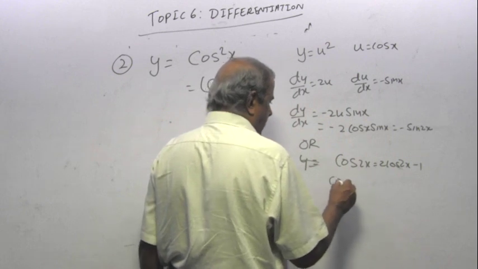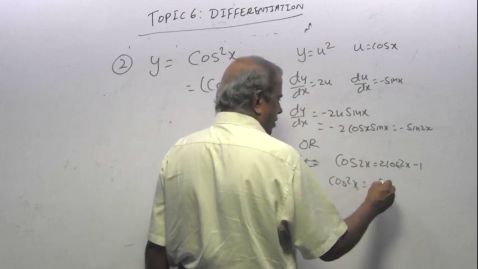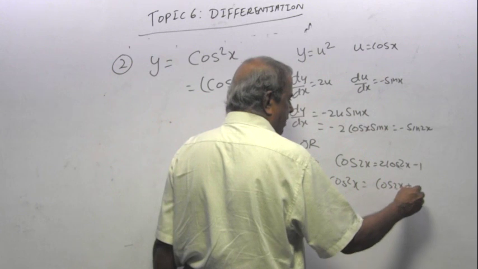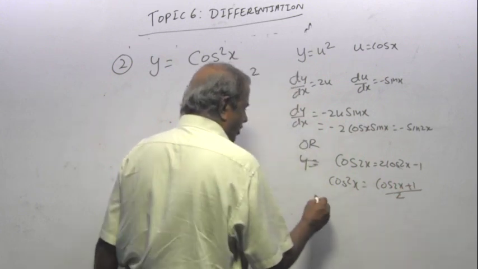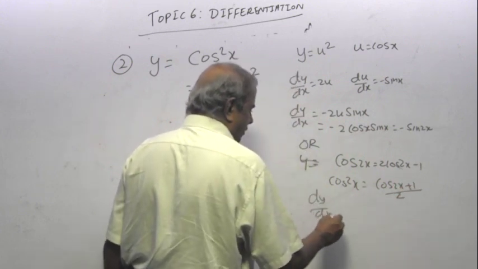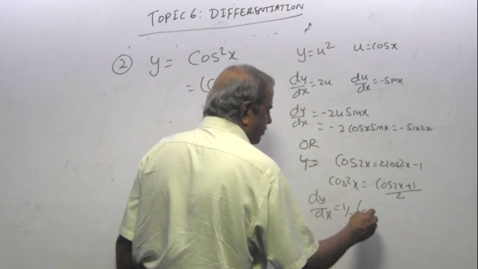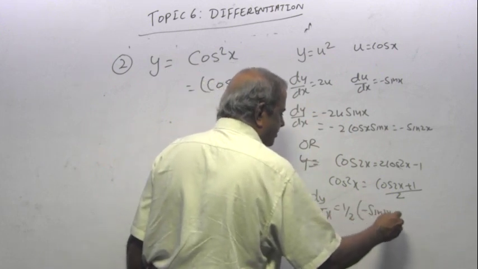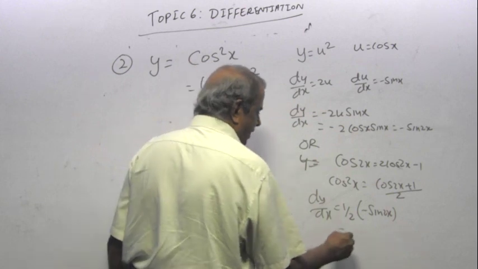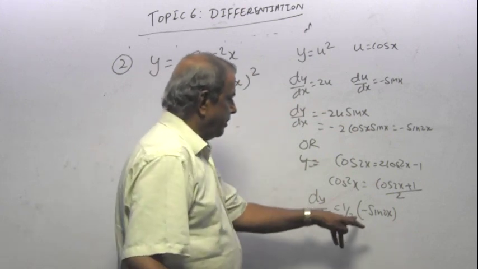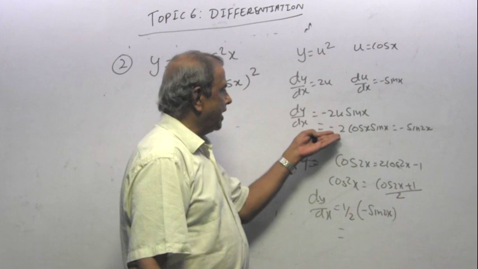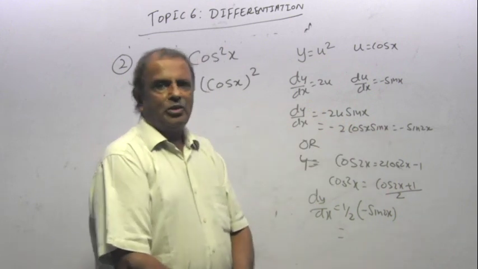So cos squared x equal to cos 2x plus 1 over 2. So dy by dx is equal to half of cos 2x gives you minus sin 2x. And my answer is minus half sin 2x, whereas that answer is sin 2x.